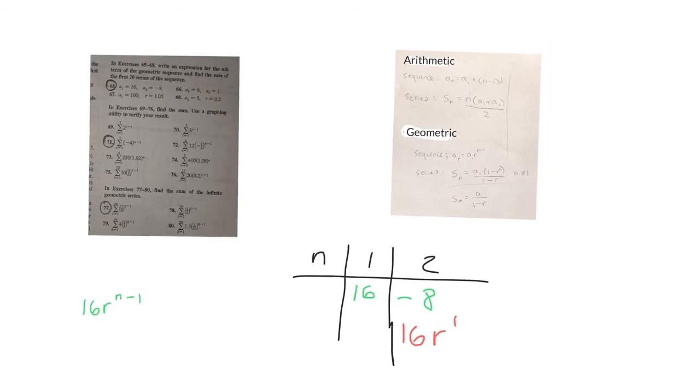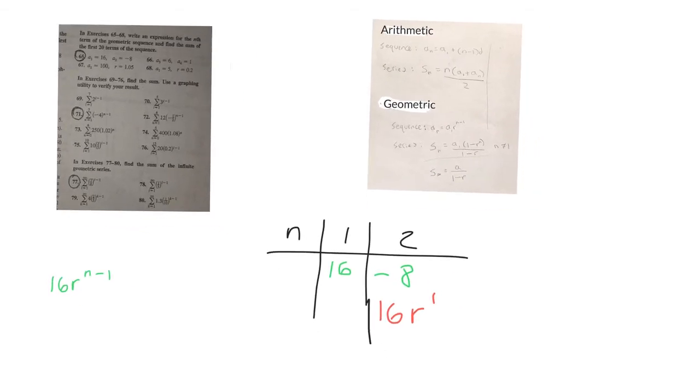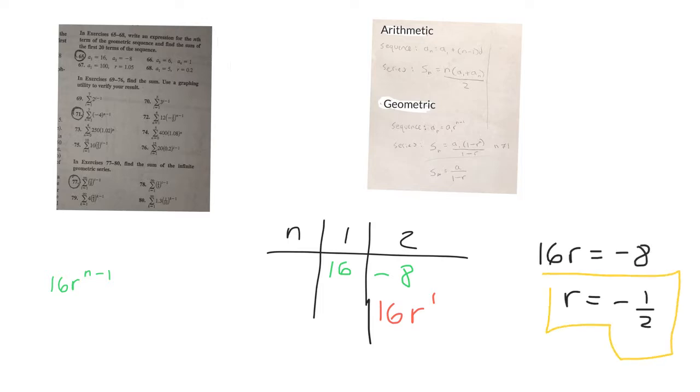That's enough information to set up an equation: 16r equals -8. Then we divide both sides by 16. r equals -8 over 16, also known as -1/2. So it's official, we found the common ratio, r, which is -1/2.